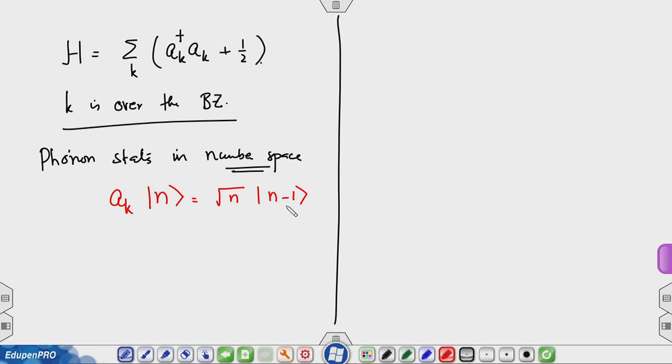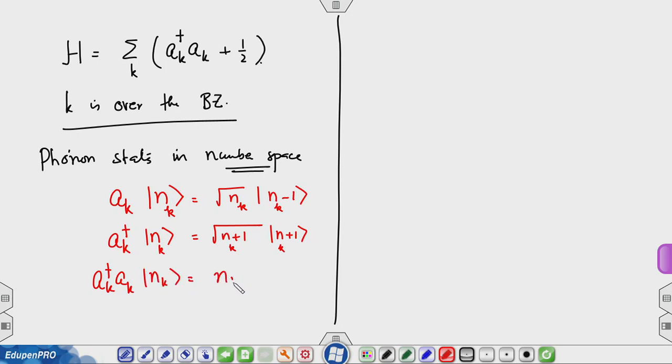So, it destroys a phonon. a_k dagger acts on n, this gives you square root of n plus 1 times the state n plus 1, and let me specify this to be n_k, so that it is clear that this is the number of phonons in the kth mode, and a_k dagger a_k is the number operator, it gives you n_k.